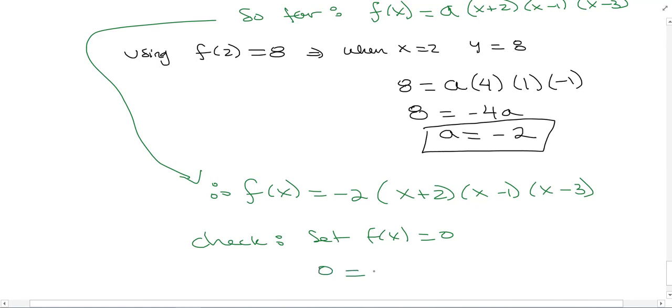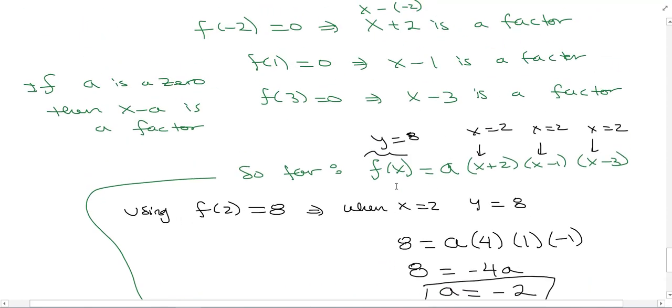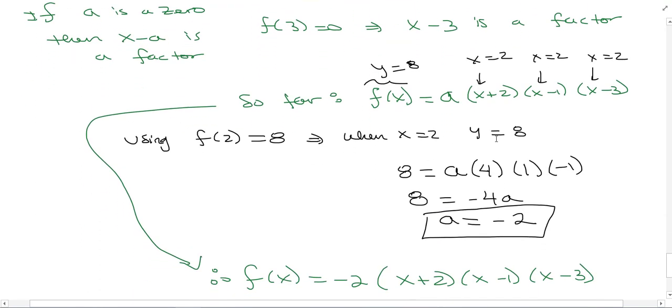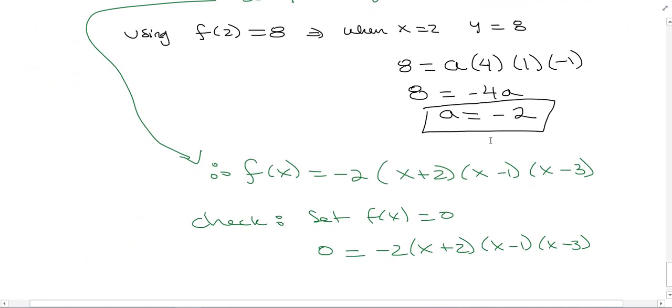So you will have 0 equals -2, x plus 2, x minus 1, x minus 3. Notice that then x will be -2, x will be 1, x will be 3, which are our zeros. So when x is -2, 1, and 3, we get the y value is 0. And then plug in x equals +2 in here, and you should get 8.